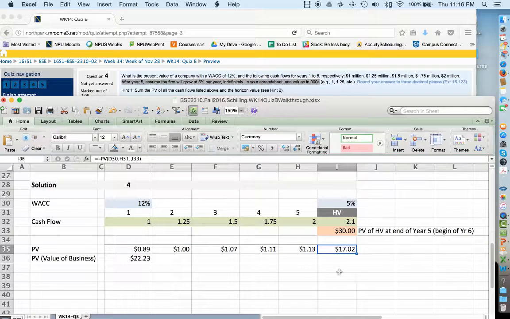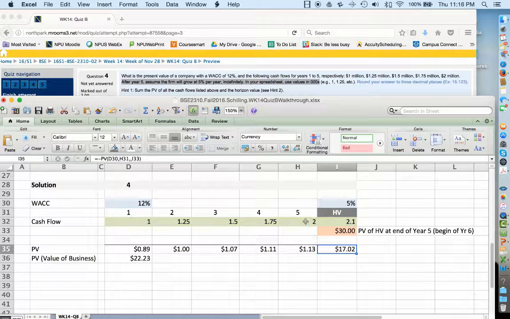And we do that using our standard present value, and then we use as the NPER the final year where we had our last cash flow. So 5 in this case.